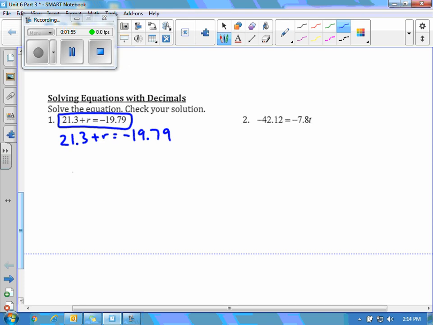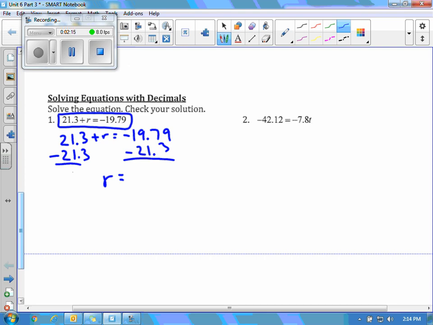I go to the left side where I'm adding. I have a positive 21.3, so I need to do the inverse operation, which would be to subtract. And I have to do it from both sides to keep it an equivalent equation. So on the left side, 21.3 minus 21.3 is just going to give me r. That's the whole point. And then if you look on the right side, you've got to keep track.